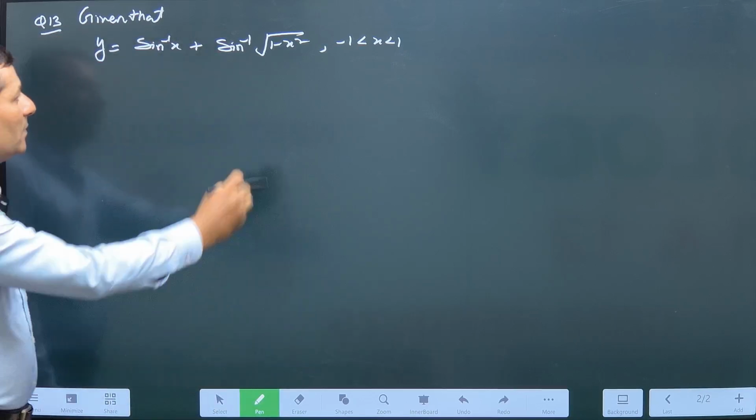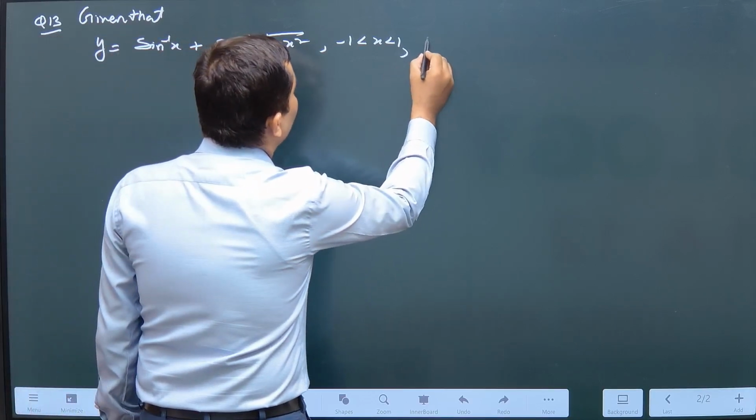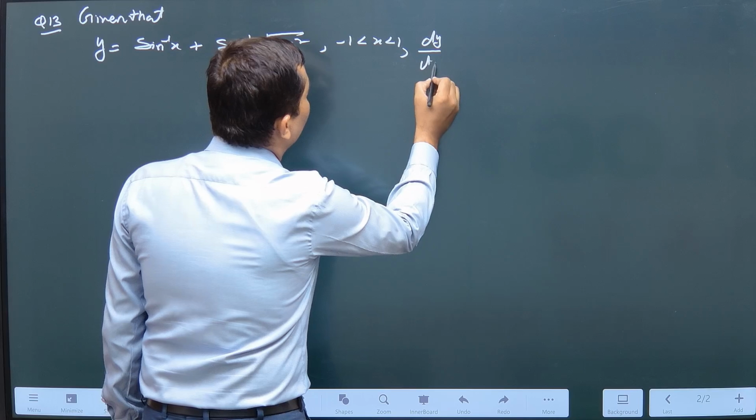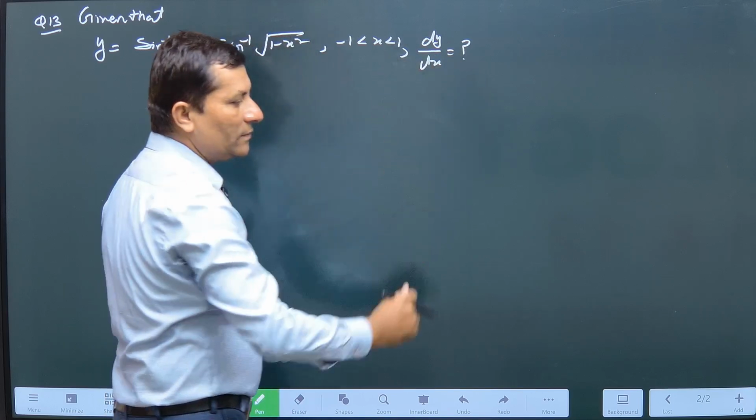Value of x lies between this, and you have to find out dy upon dx.